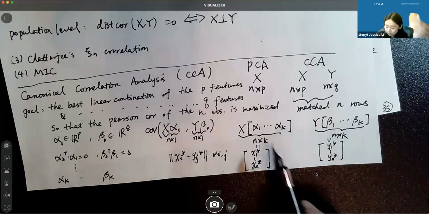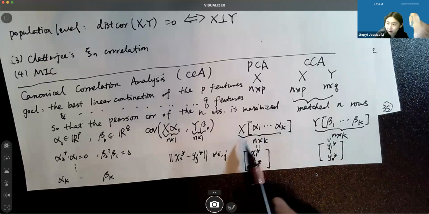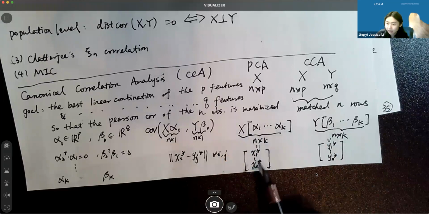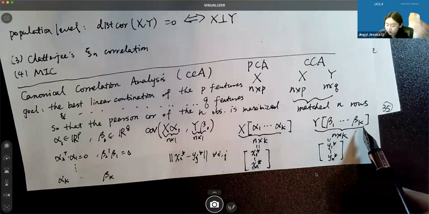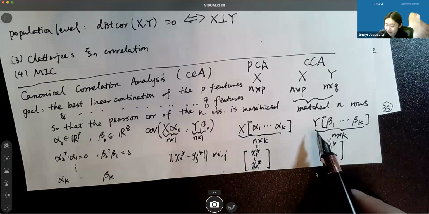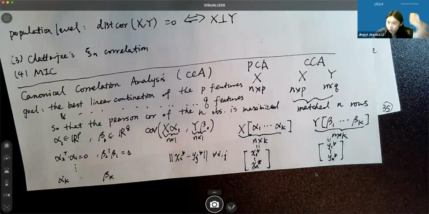And then you can apply these loadings to new cells that are not part of X. You can project new cells in single cell RNA-seq, and new cells with ATAC-seq, to this common k-dimensional space. And for those new cells, you can match them by the Euclidean distance. So there are those uses for this technique. And I think in the Seurat pipeline, they use CCA for doing data alignment.